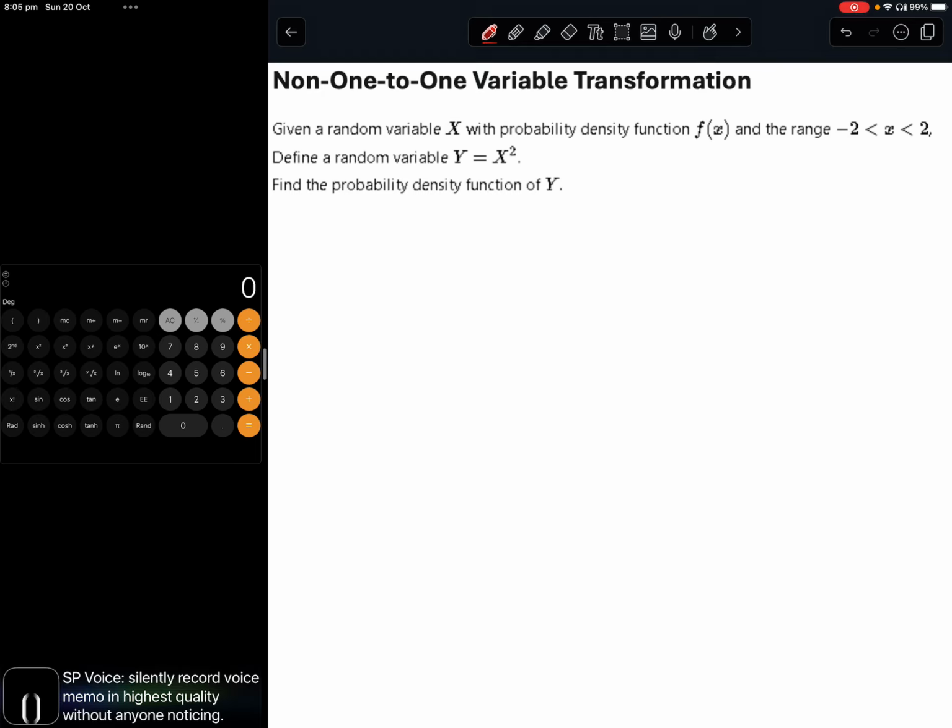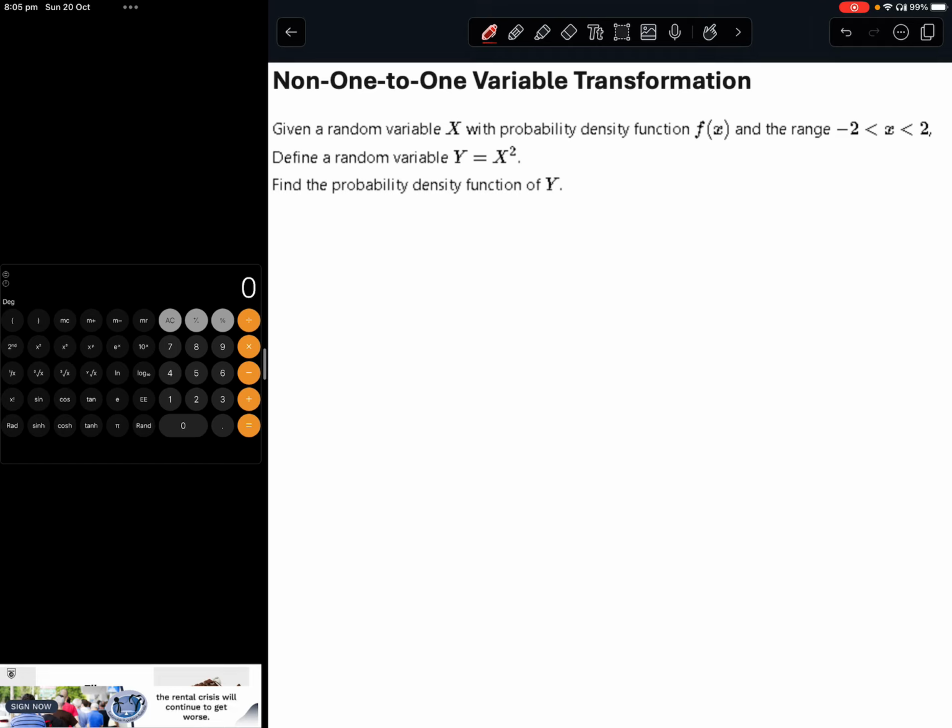So let's get started with the basics of variable transformation, particularly focusing on transformations that are not one-to-one. When we talk about variable transformation, we are referring to the process of converting one random variable into another. That can be done using either a linear or non-linear transformation.